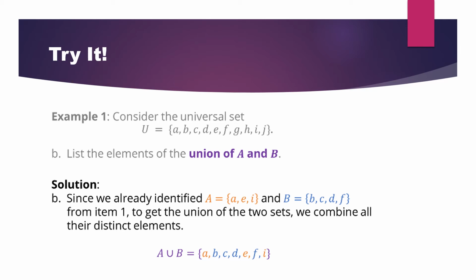Whatever elements are found in set A and set B, all you have to do is write all the elements found in both sets. So A union B is equal to A, B, C, D, E, F, and I.